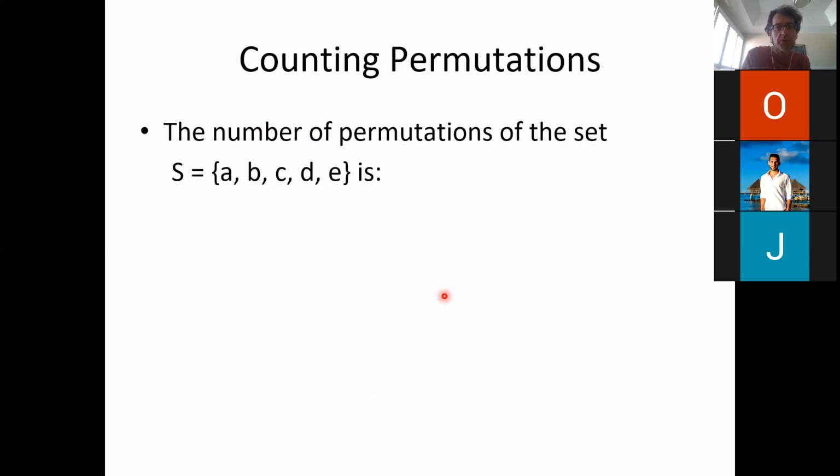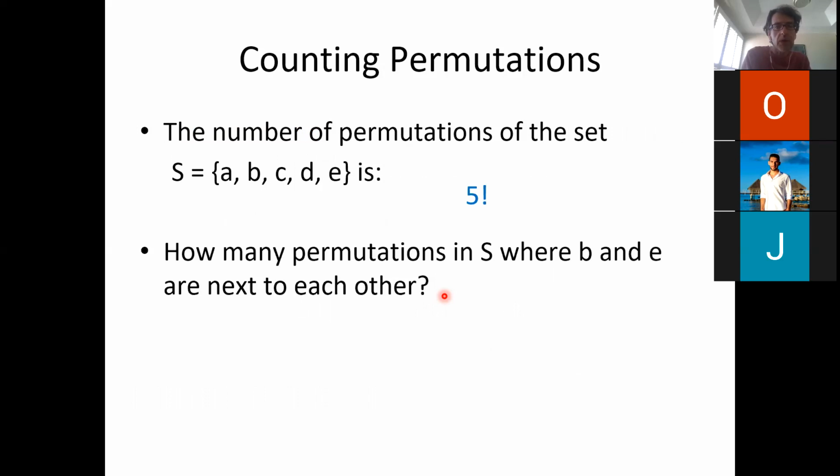So the number of permutations of a 5-element set is 5 factorial, right? But here are some examples of slightly tricky problems that can be cast in this way. How many ways are there to order these elements?